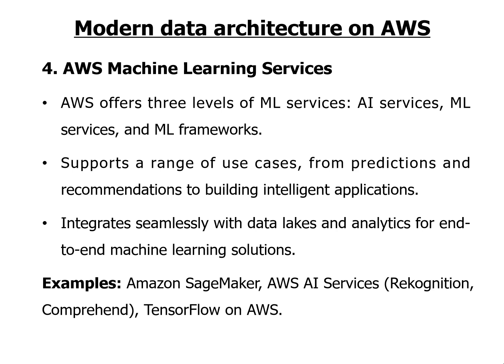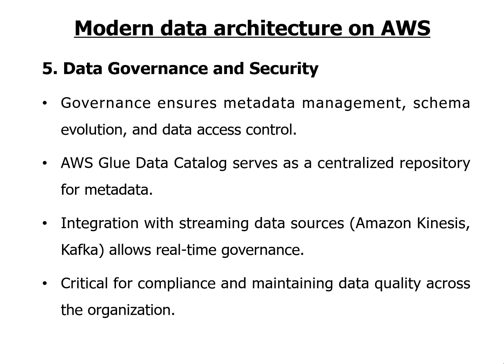Then it integrates seamlessly with the data lake and analytics for an end-to-end machine learning solution. Examples of Amazon ML services are Amazon SageMaker and AWS AI services like Rekognition, Comprehend, TensorFlow on AWS. So these are the various Amazon tools available for machine learning services.